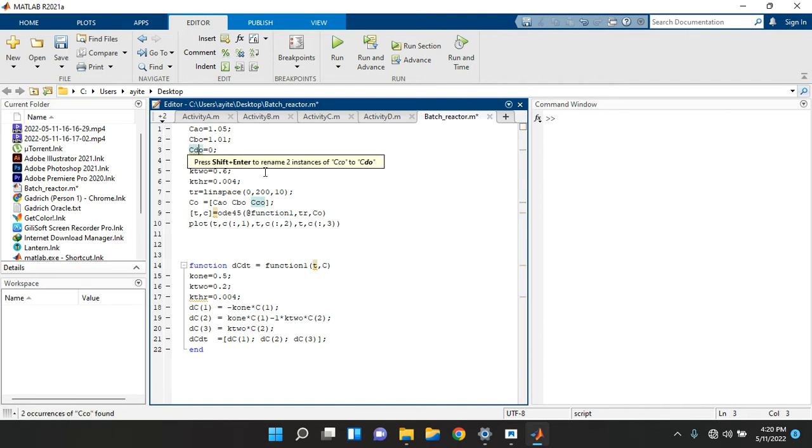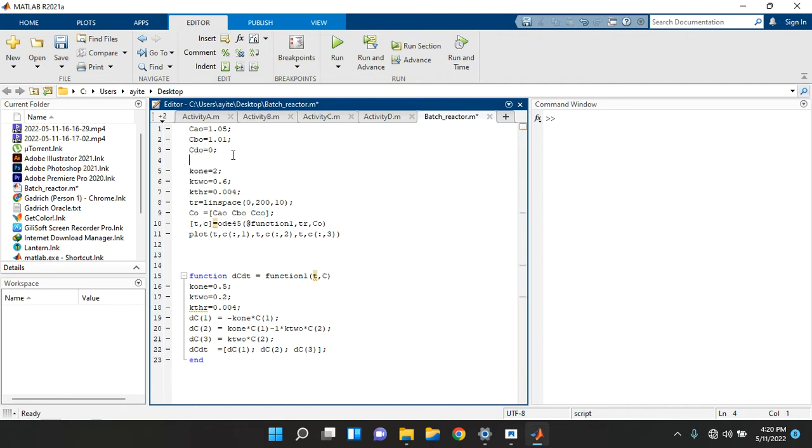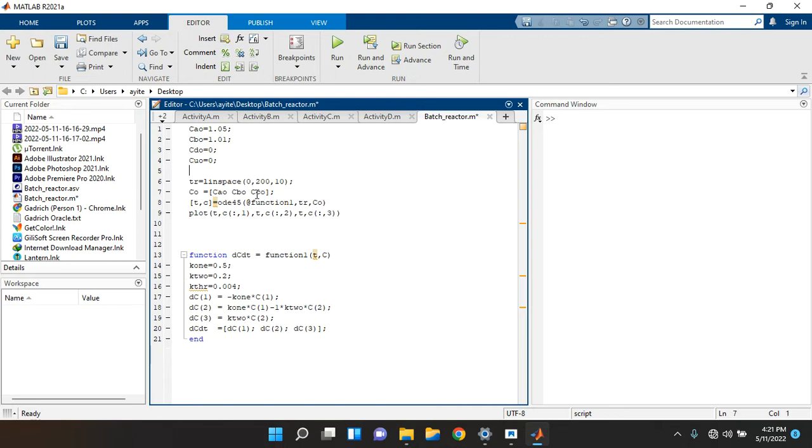CDO is 0, and also CUO is also 0. We are not going to be using this one, so I'm going to clear them. So now we have our initial conditions: CAO, CBO, CDO, and CUO.